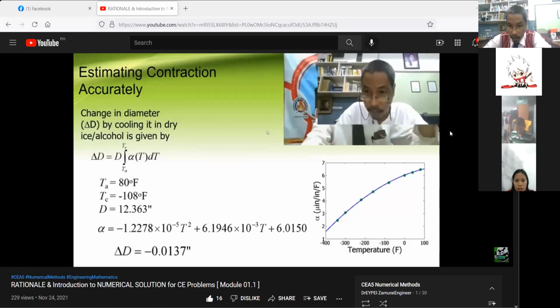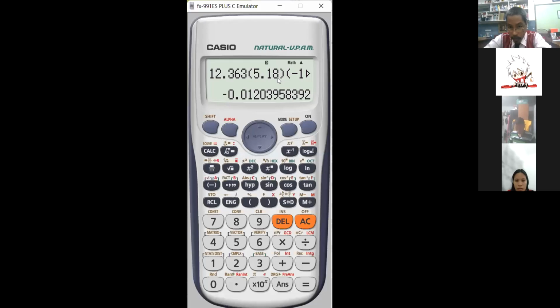So if we use 4.23, let us go to our calculator. Let us use 4.23 here as our coefficient of thermal expansion. Our answer would be how much?